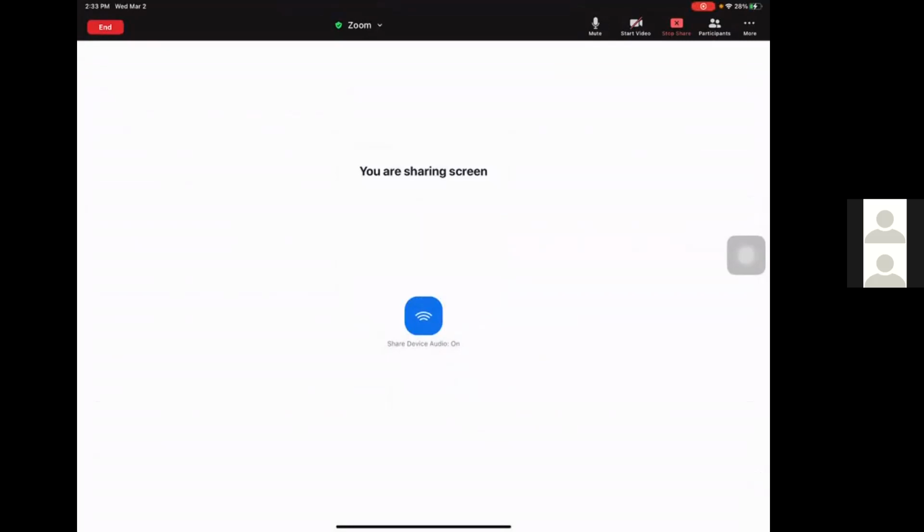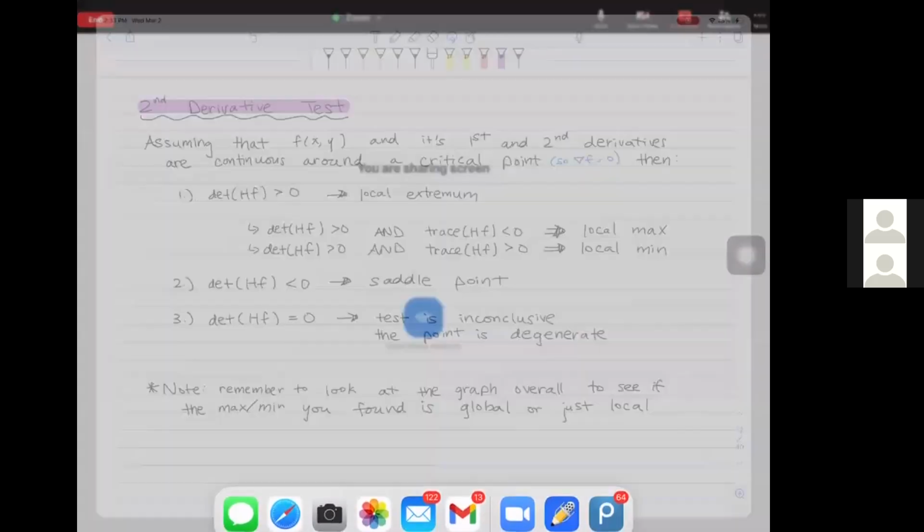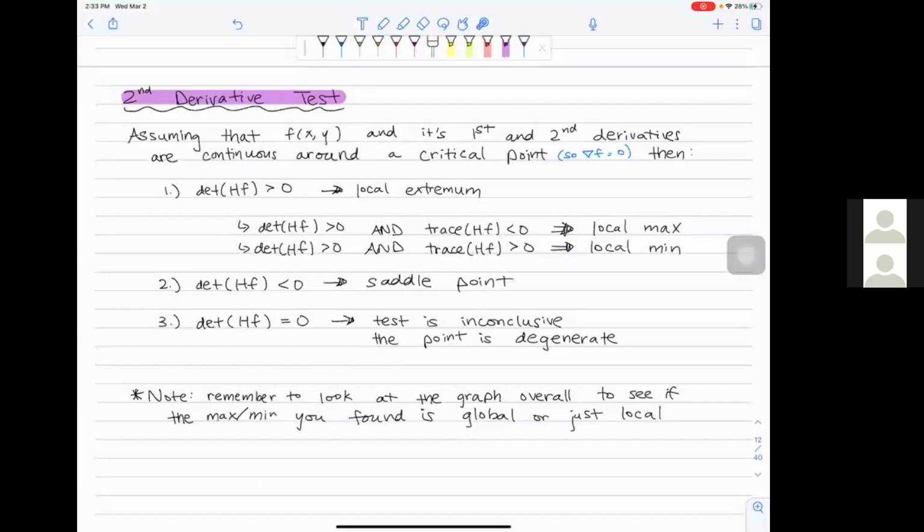x equals 3 gives you y equals negative 1 again. So right now we have 3 critical points potentially.